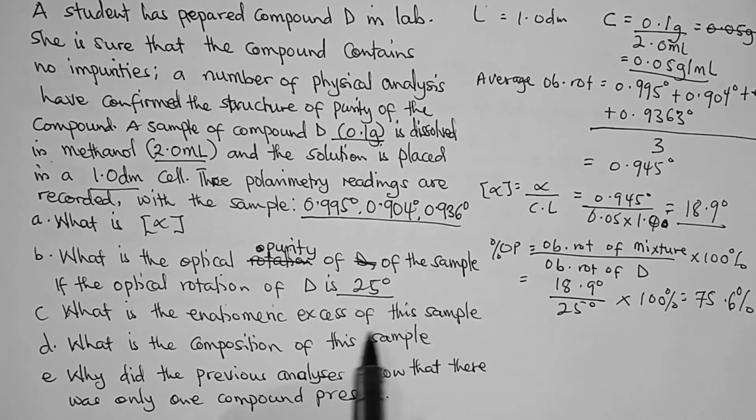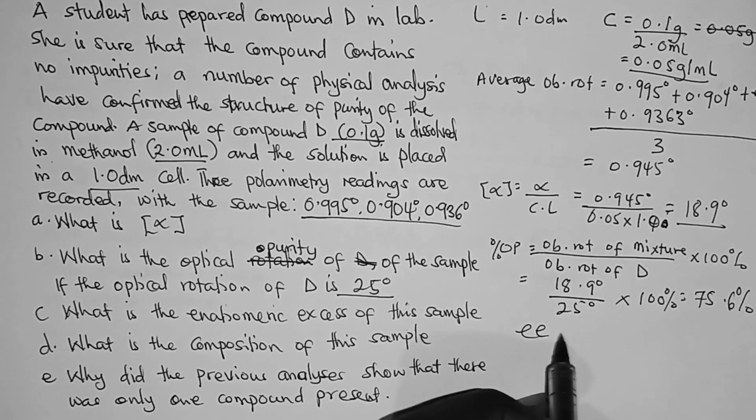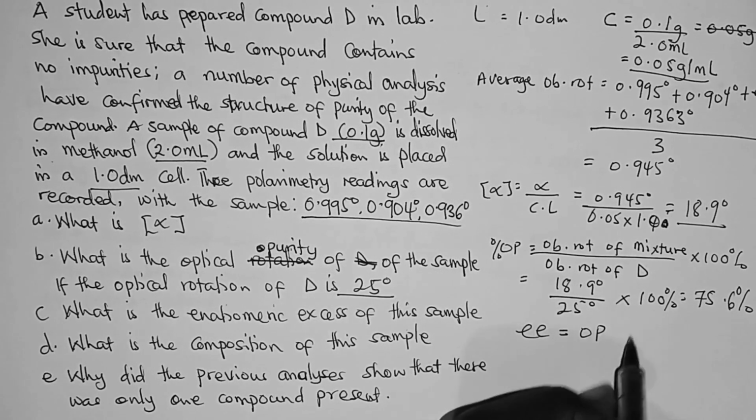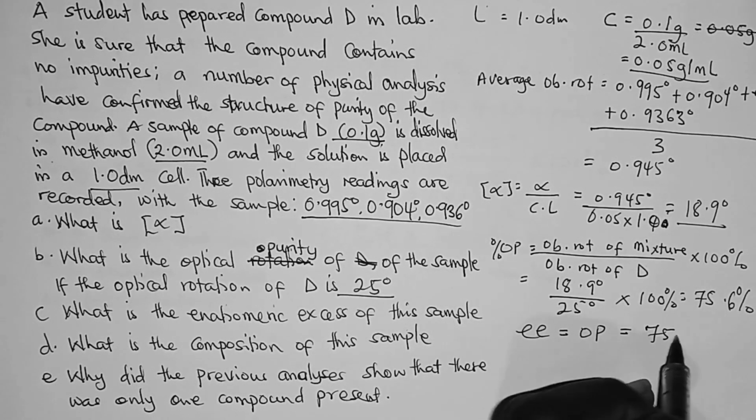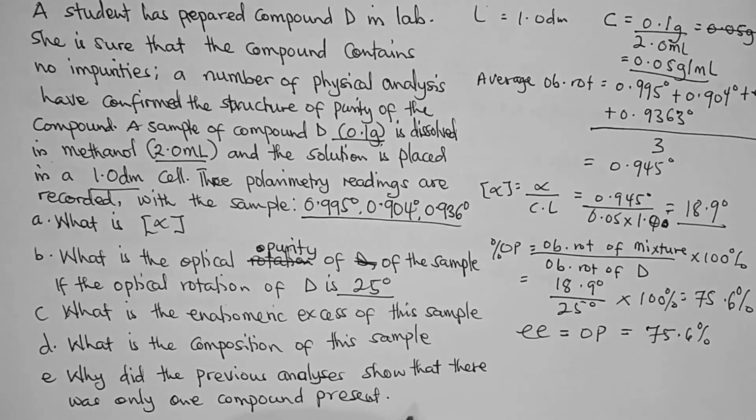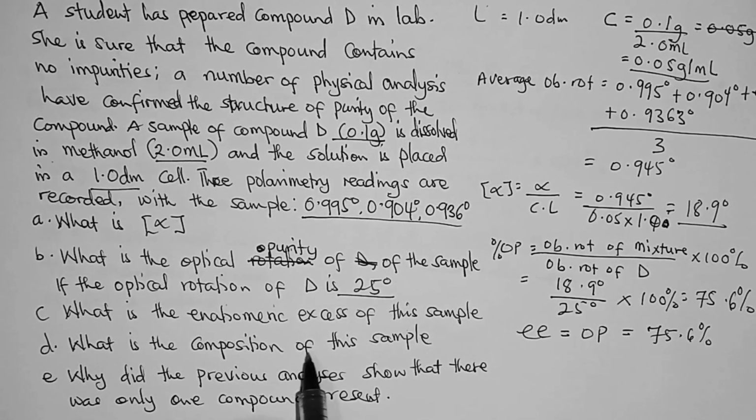C. What is the enantiomeric excess of this sample? Enantiomeric excess is the same as the optical purity, and this is equal to 75.6%. And then the D part is, what is the composition of this sample? Now, to find the composition of this sample, we have found the optical purity as 75.6%.